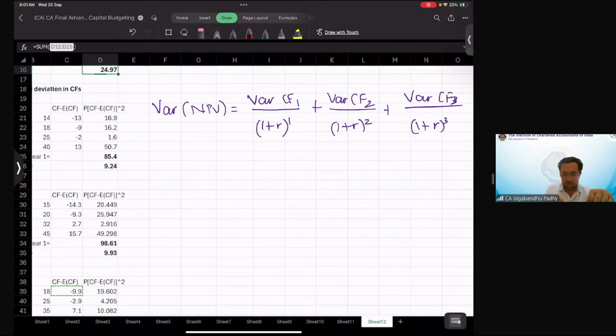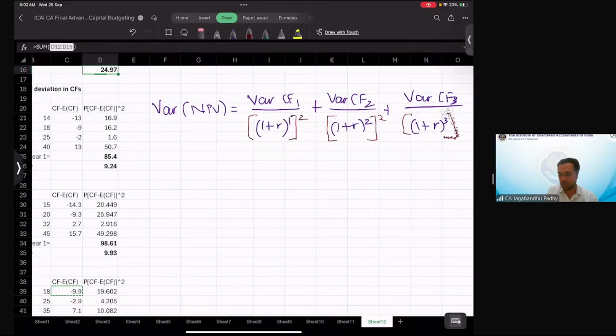But wait, we need to give the effect of magnification, because our variance is a squared term. So even my discounting factors should be squared.